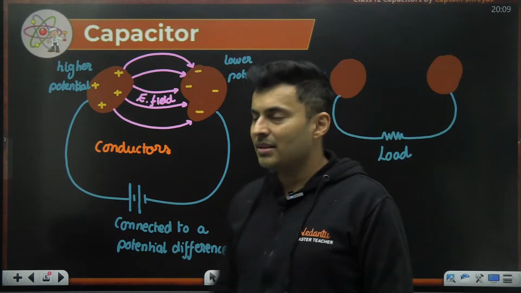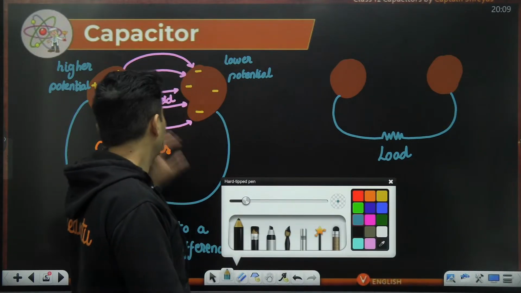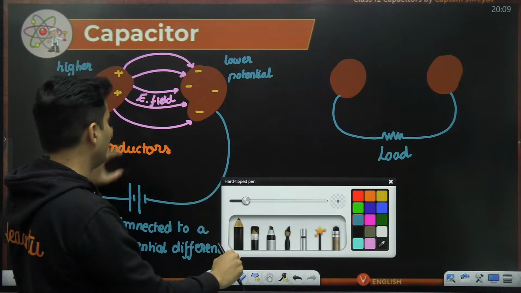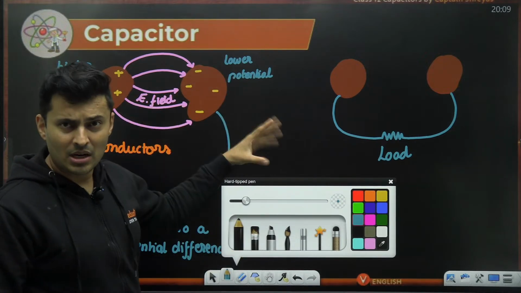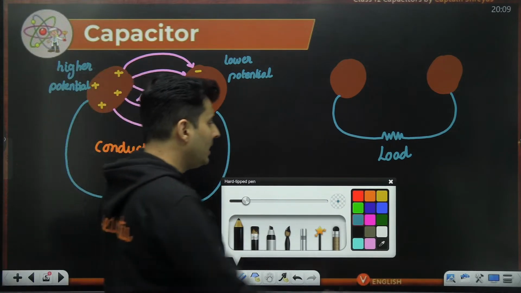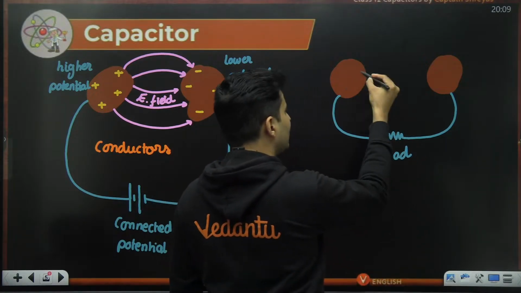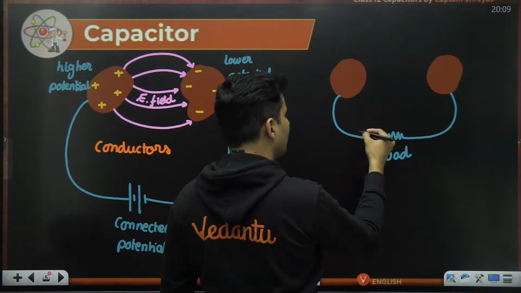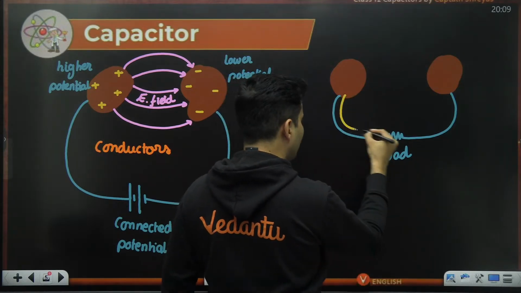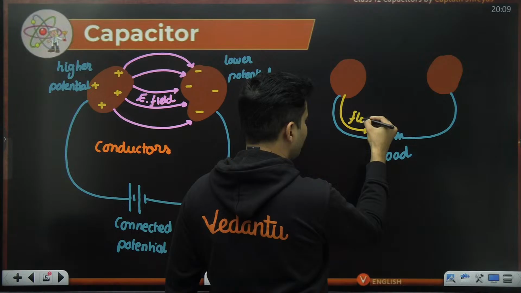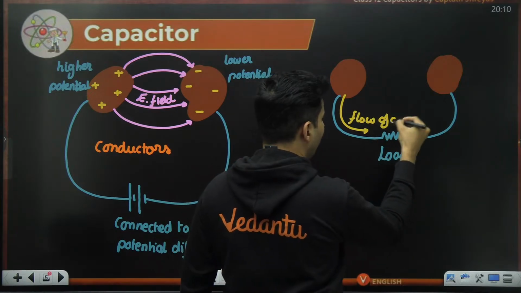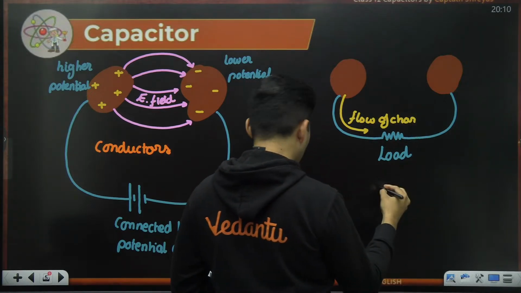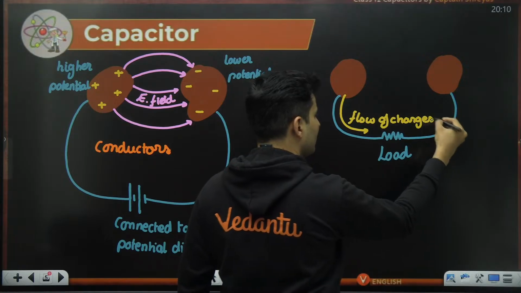What will happen the moment you remove the battery and connect some kind of device? Immediately you will see the charges start flowing. The charges from here will start disappearing, and there will be a flow of charges through this.